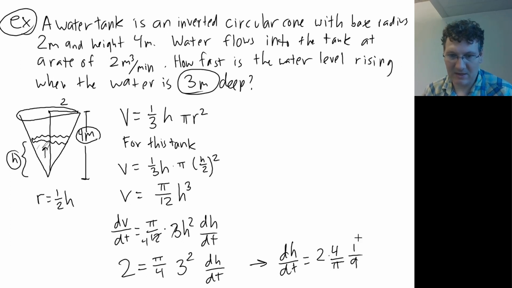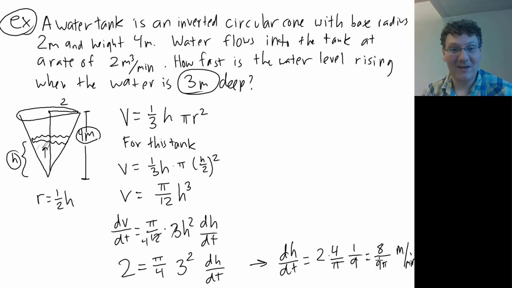We get everything on the same side. So what we're going to get is 8 over 9 pi meters per minute.